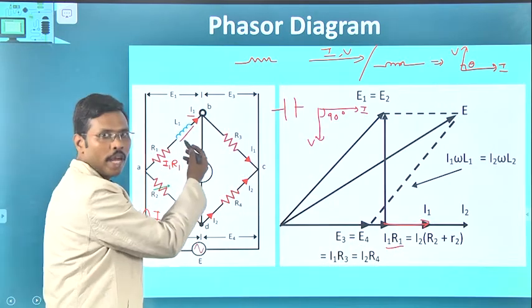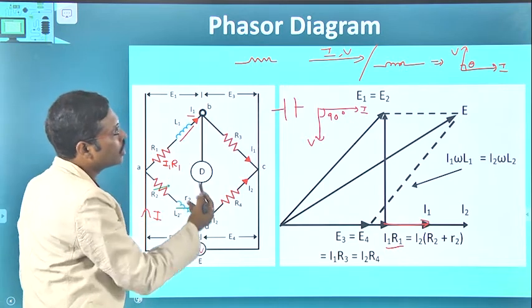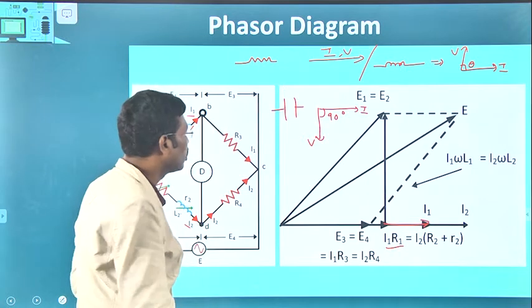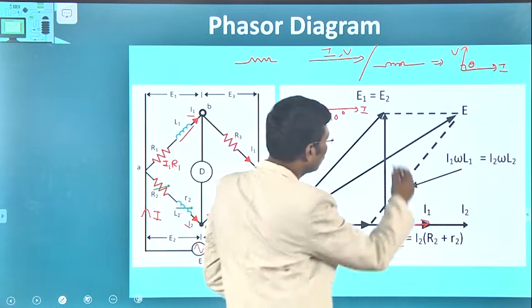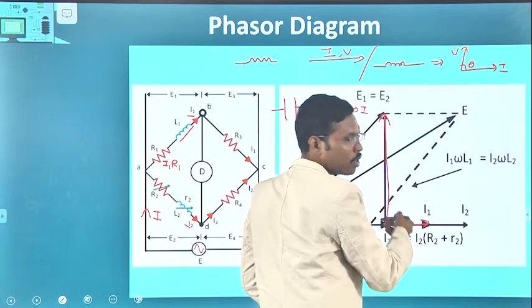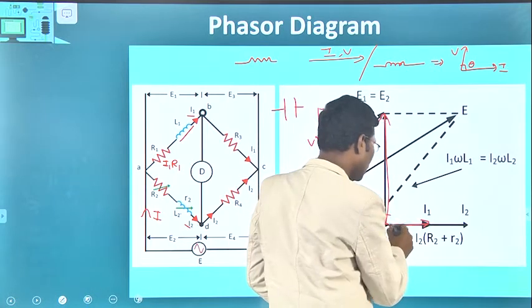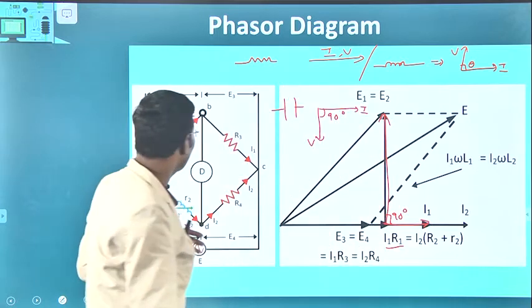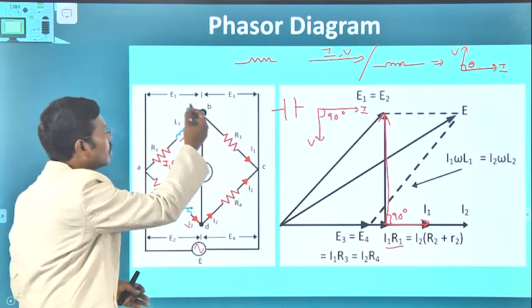And here we have an inductor, and for an inductor the voltage will lead current by 90 degrees. So, I have taken this lead of voltage with respect to current by 90 degrees. Here the angle is 90 degrees, and the voltage associated with this arm AB is E1.